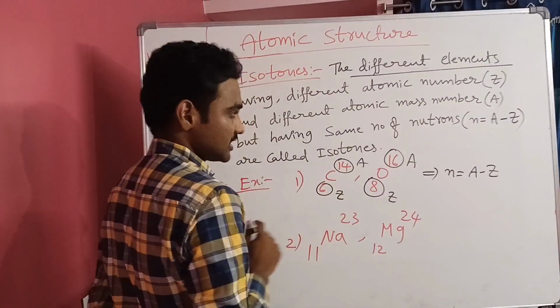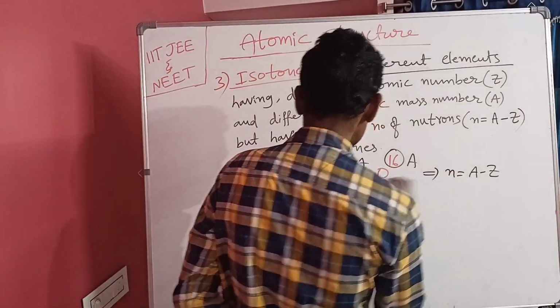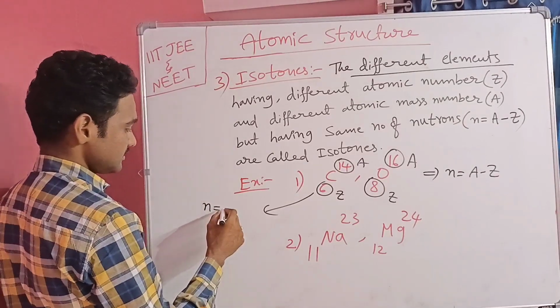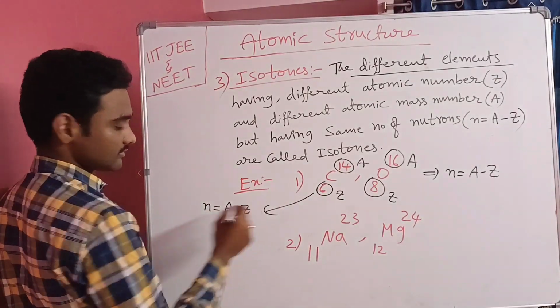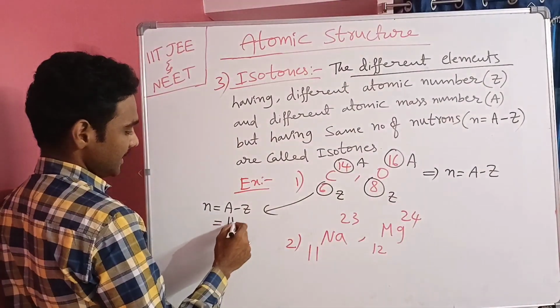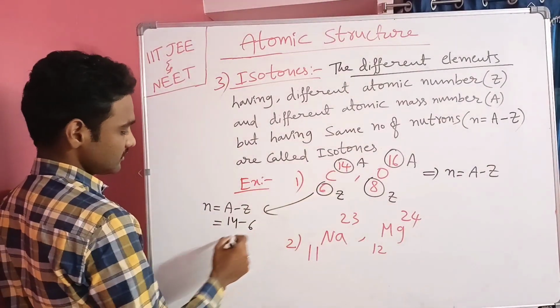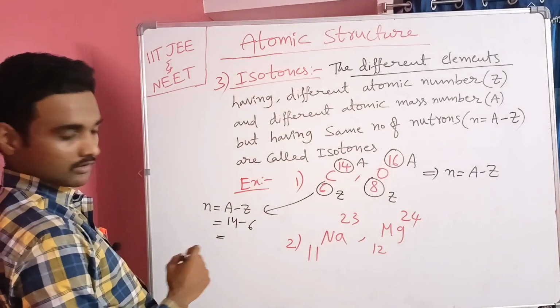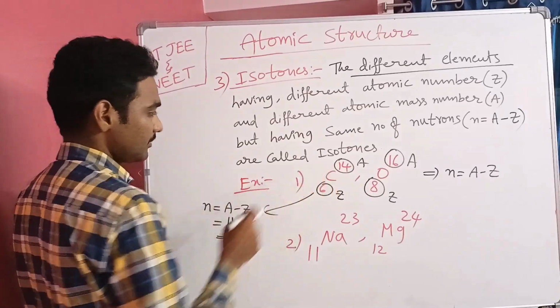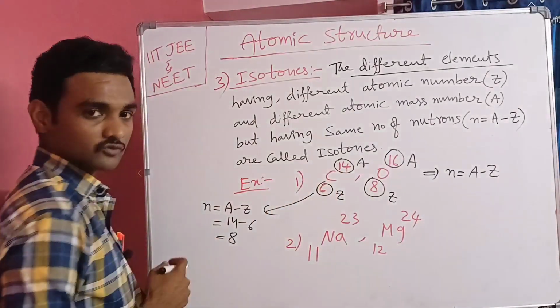For carbon, N is equal to A minus Z. Here A value is 14 minus Z value 6. 14 minus 6 is 8. 8 neutrons are in carbon-14.